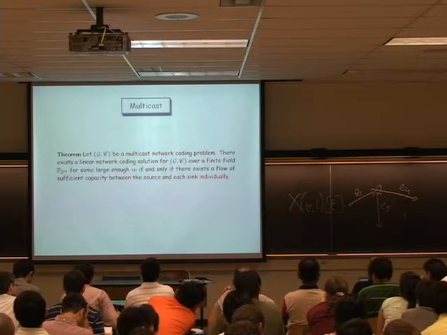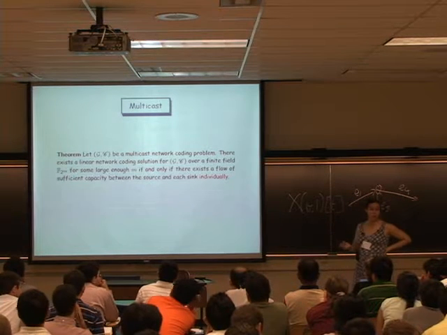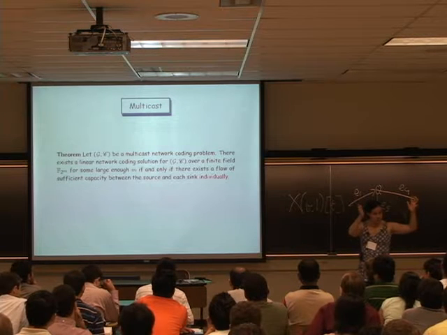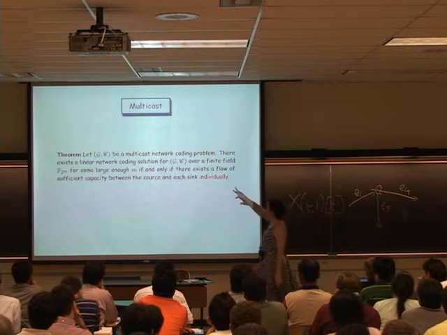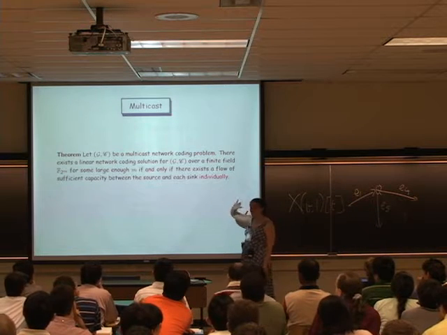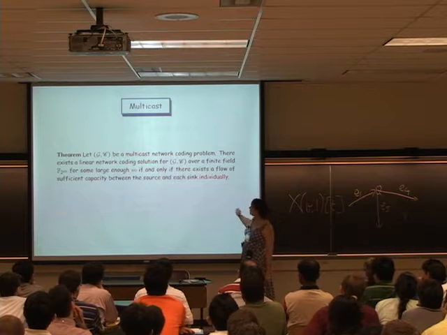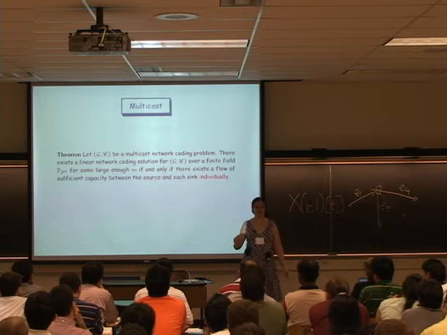So here's the multicast theorem. If I have a multicast network coding problem, remember, what is it? It's first the graph, second the set of connections. There exists a linear network coding solution over a finite field for some large enough M, if and only if there exists a flow of sufficient capacity between the source and each sink individually.